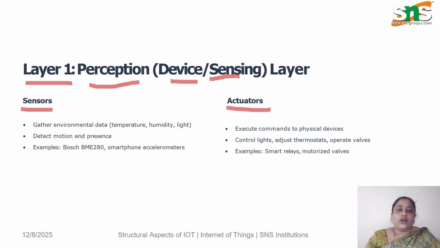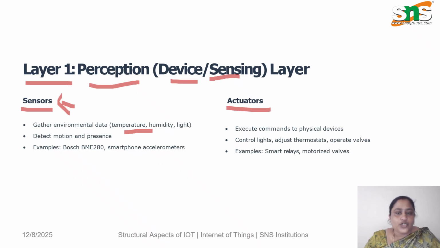When we speak about sensors, they are very important, mainly used for gathering data from the environment, like temperature, humidity, light, etc. In order to gather data, you have to use sensors. These sensors detect temperature, motion and pressure. Examples of these sensor devices might be smartphone accelerometers.